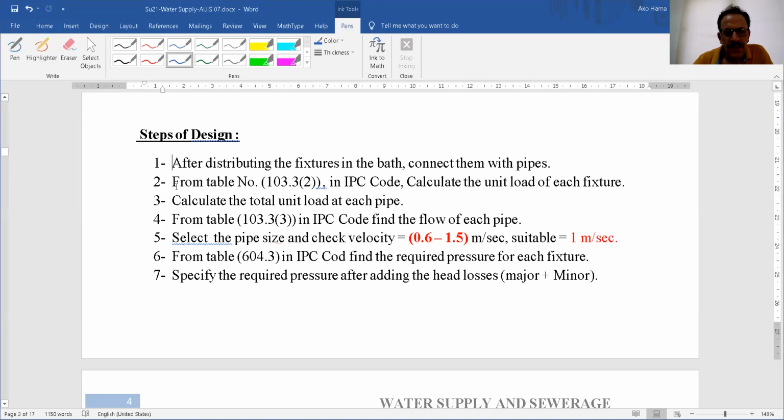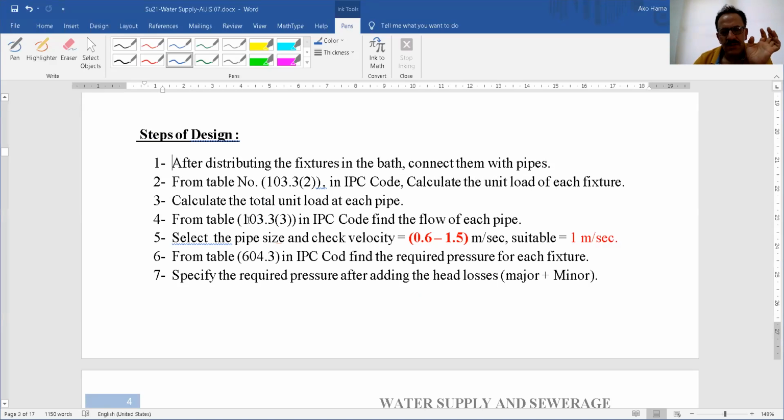But before that, first of all we have to distribute the fixtures in the bath and connect them with the pipes. This is the first step, to connect them and see what the pipes will be. After that, we go to the table for the fixture units of each of them.